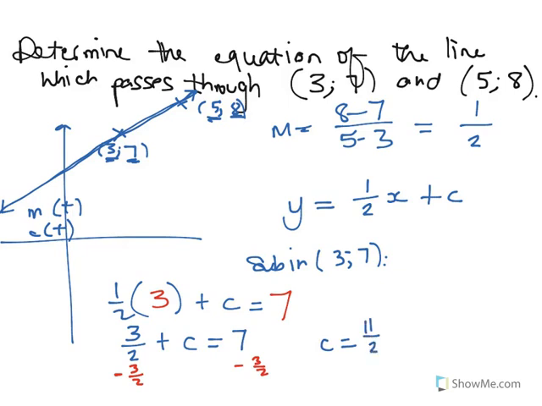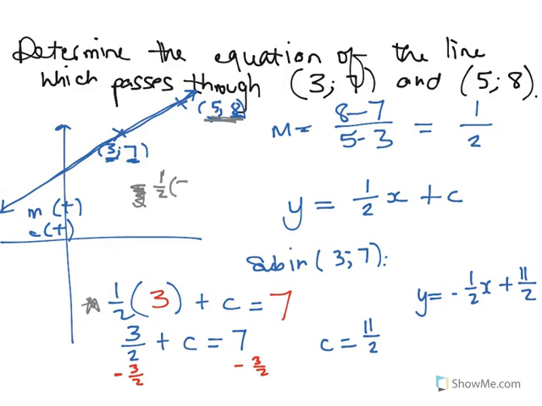So my final equation is y is equal to a half x plus 11 over 2, right? And again, useful to check. So let's check with this point, which we didn't use to do this part.